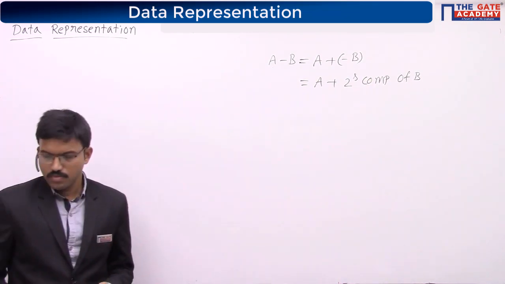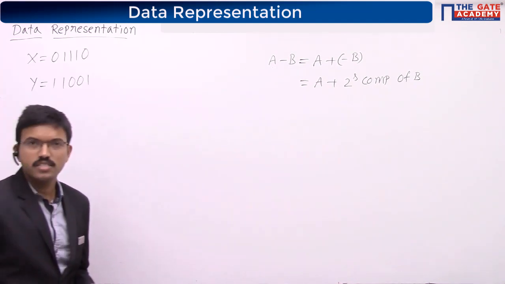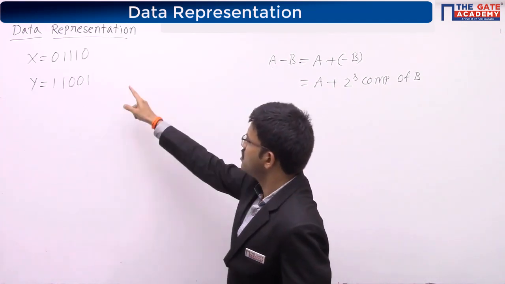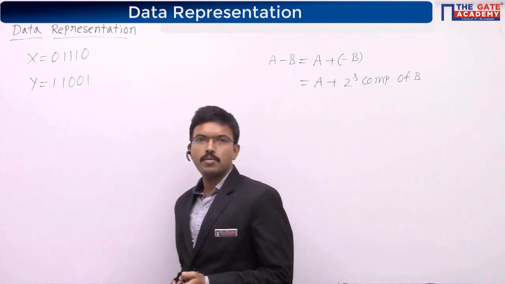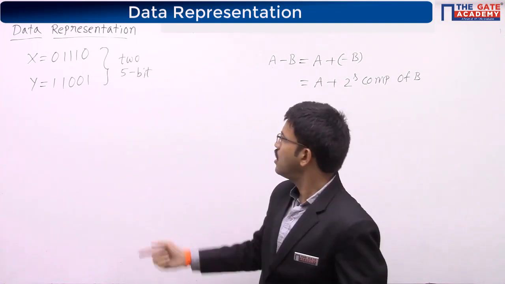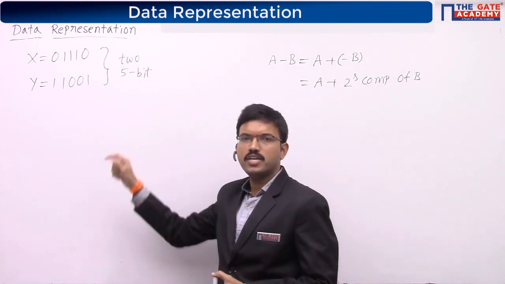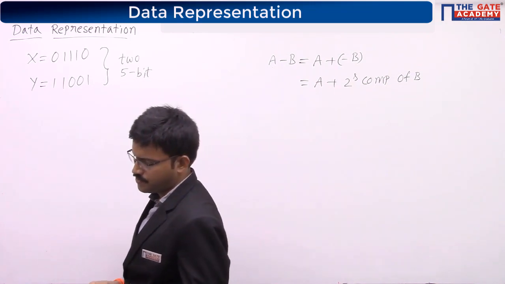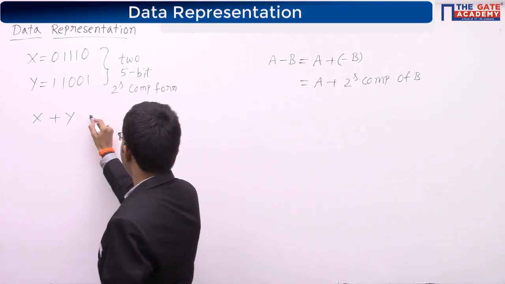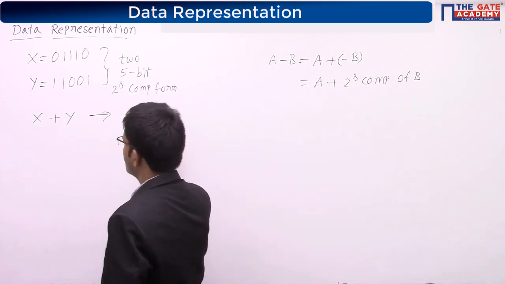Okay, next question. X equal to 0 1 1 1 0 and y equal to 1 1 0 0 1 are two 5-bit binary numbers represented in 2's complement form.